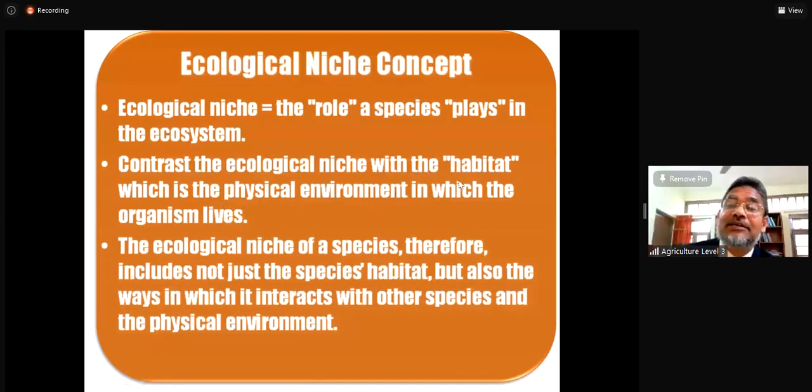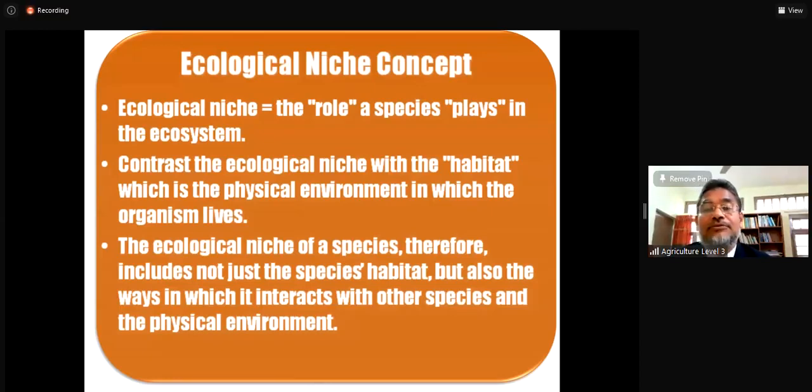Already I told you, the environment in which the organism lives, the physical environment. The ecological niche of a species therefore includes not just the species' habitat, that habitat is included, but also the ways in which it interacts with the other species and the physical environment.